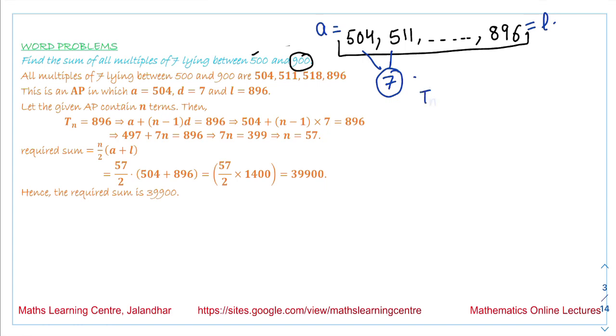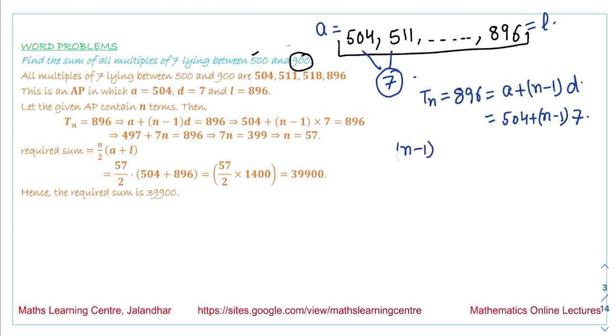So Tn, that is 896, is equal to a plus (n minus 1)d, which is 504 plus (n minus 1) into 7. So (n minus 1) into 7 is equal to 896 minus 504.